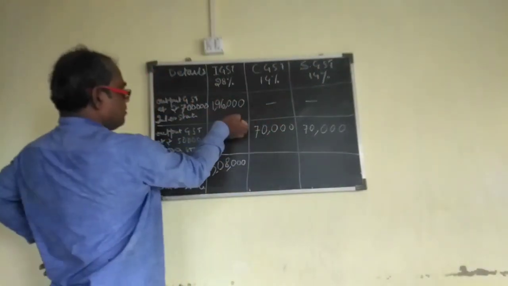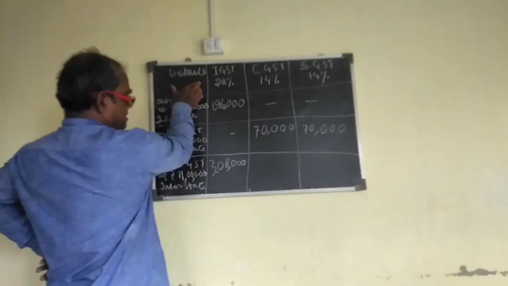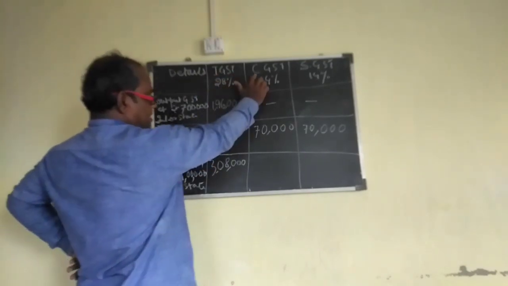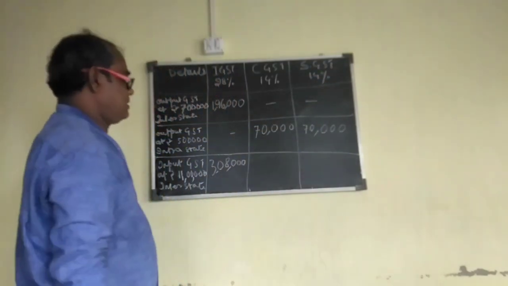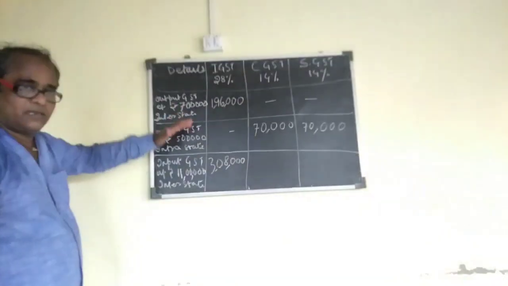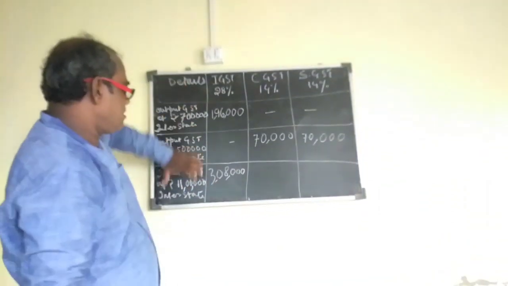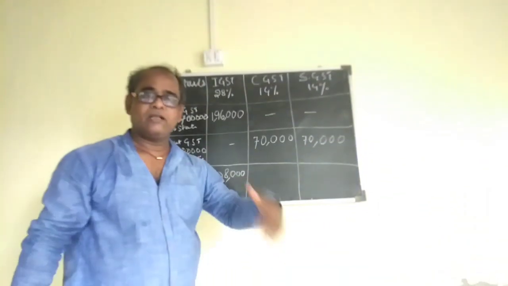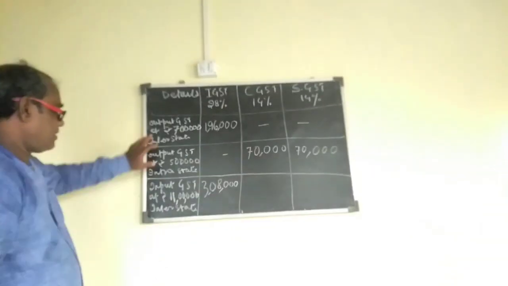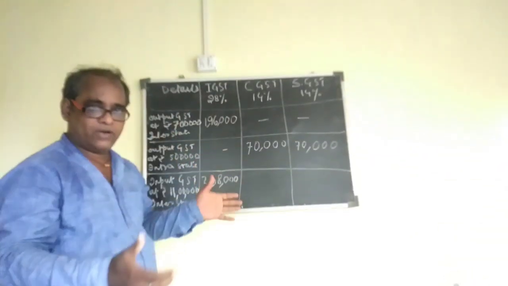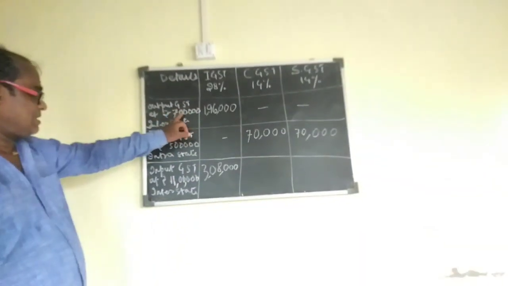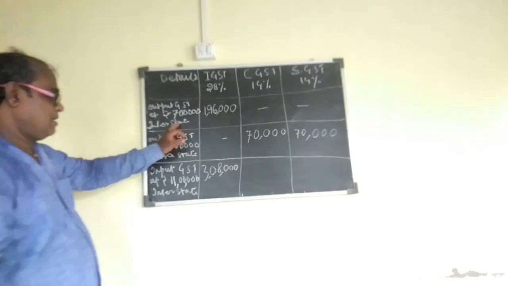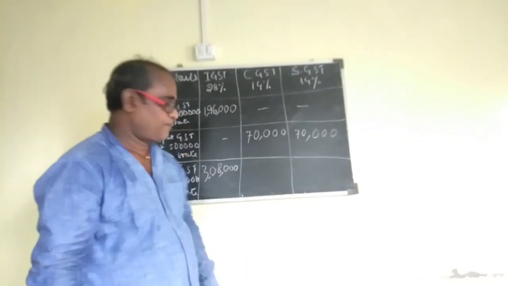Okay, now we'll prepare a chart and then try to understand. The chart will have these details: IGST at 28%, CGST at 14%, SGST at 14%. Since the board is a little short, you have to make 2 more rows. At first, we have already calculated that output GST at rupees 7 lakhs interstate was 1,96,000.